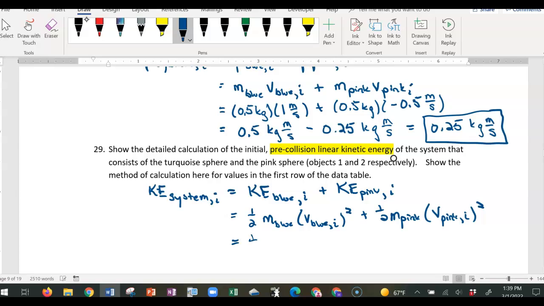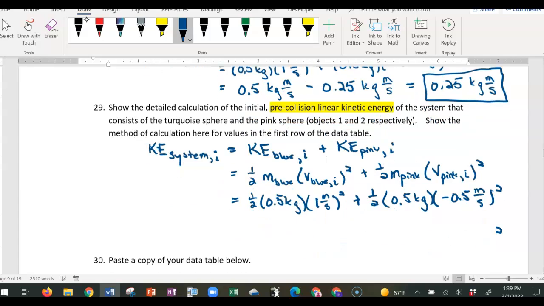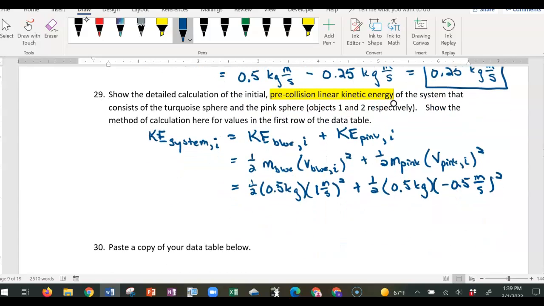Okay, so I have 1/2 of 0.5 kilograms times 1 meter per second squared plus 1/2 of 0.5 kilograms times -0.5 meter per second squared. You know that negative sign will go away when I square that velocity. And so here I have, let's see, is this 0.5?